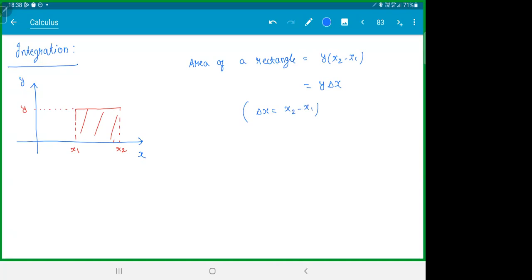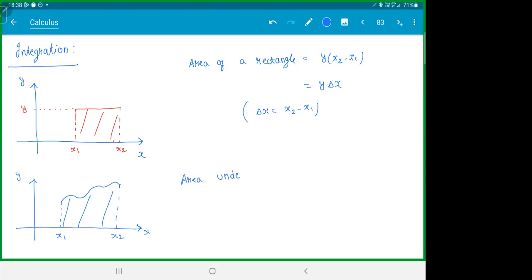The problem is, what happens if you take a curve? Basically, calculus is especially important when you're dealing with variables. What if you have a random curve like this, and you try to apply the same logic here? Let's say this is x1, this is x2, and you're trying to find this area here.